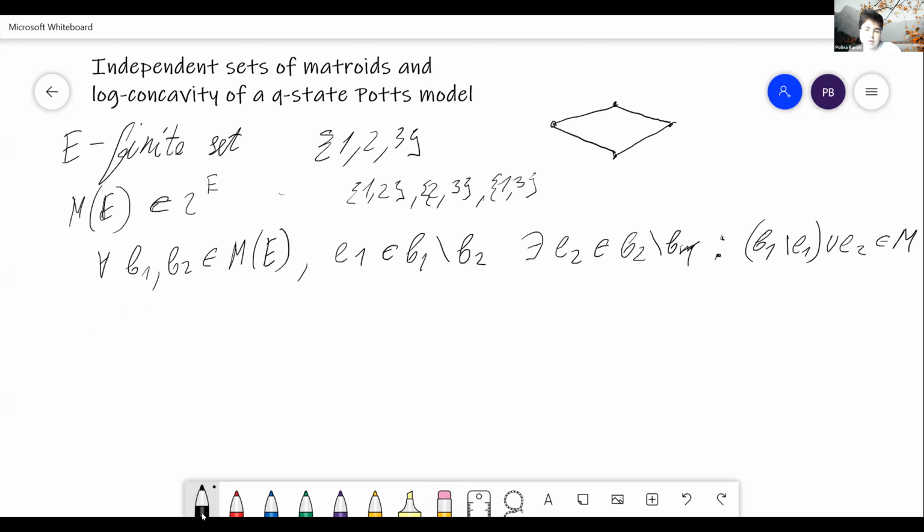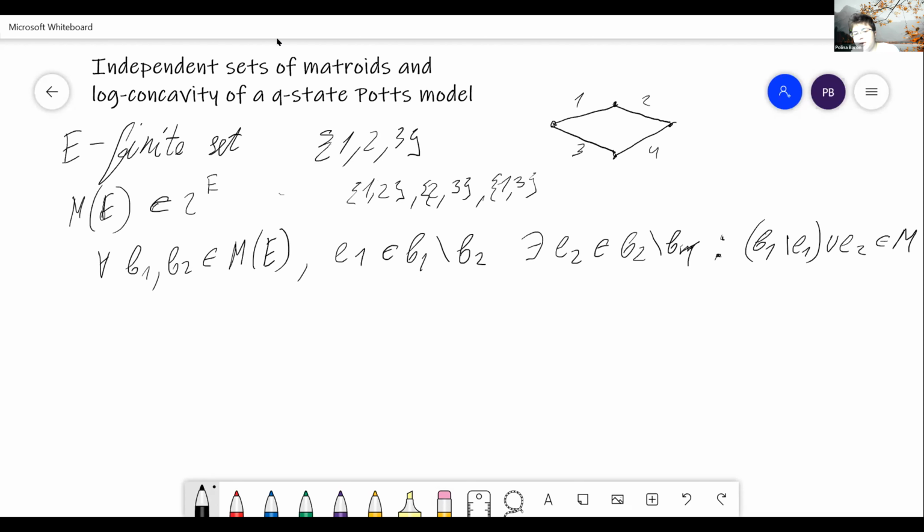So when it comes to graphs, the usual way of defining matroids, if we consider the set E, the set of edges, let me give them numbers, is through the trees on the graph. So the usual definition of a matroid of a graph is some subset of trees that span the graph.